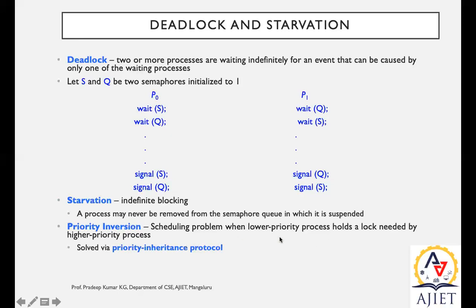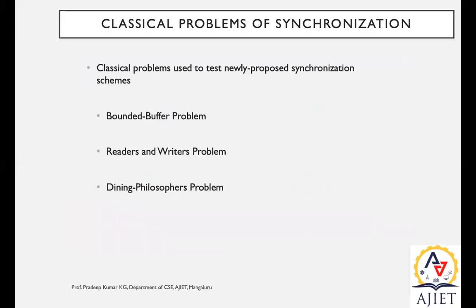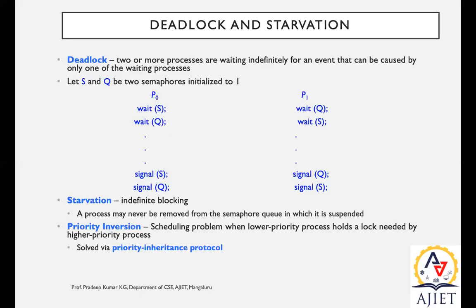That is one situation that may occur if we include priority also. But this can be solved by using the priority inheritance protocol. Using that protocol, we can address deadlock and starvation. So this is a solution for that.